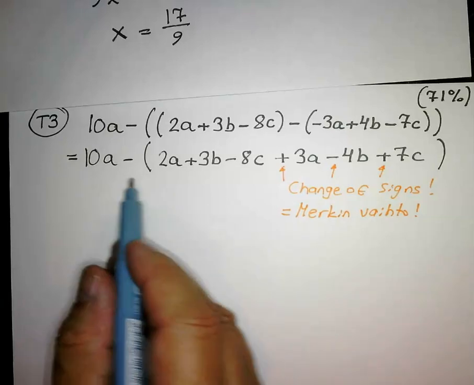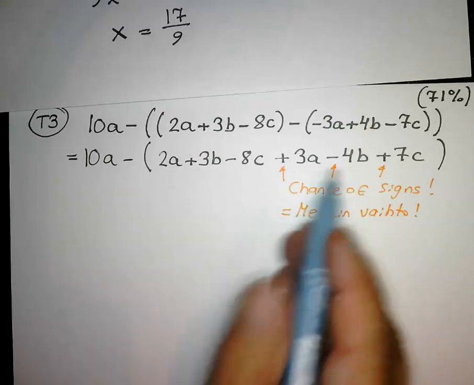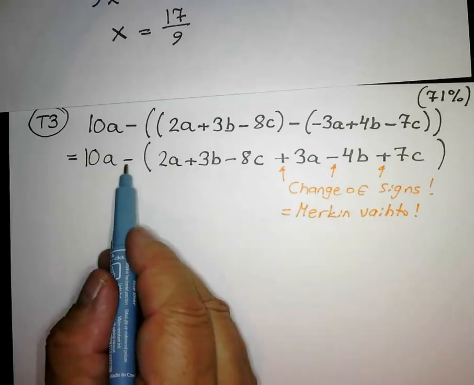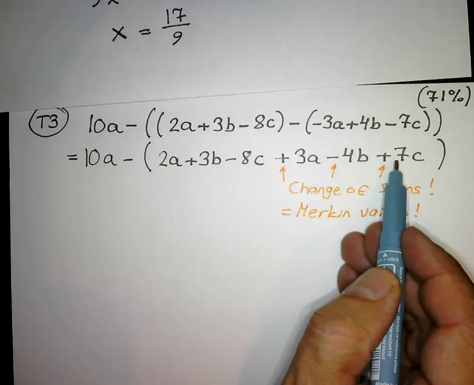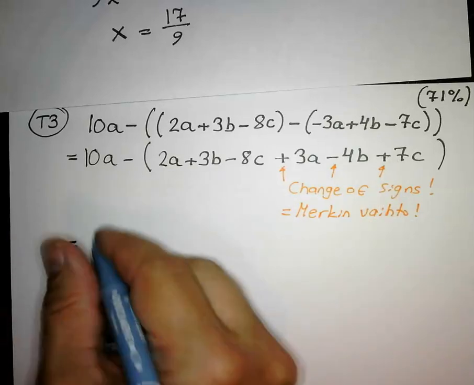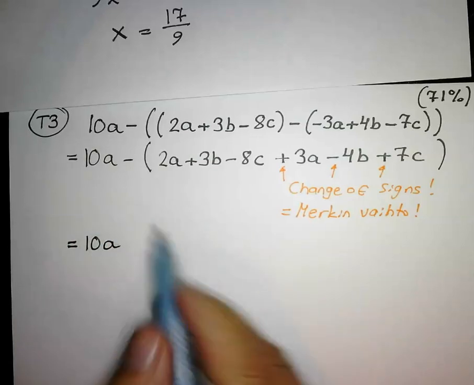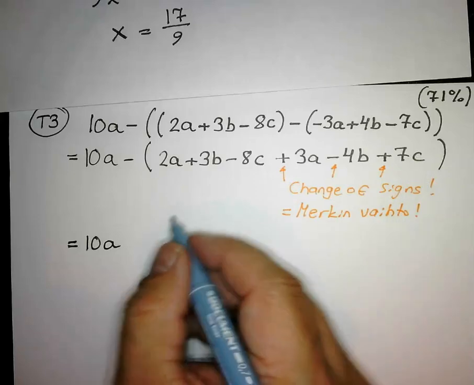And after this we have only 1 parenthesis left, so we can take them away, but remember that there is a minus sign in front of those, so all these signs should be changed. You just have to be careful not to make a mistake. So this minus changes all the signs.